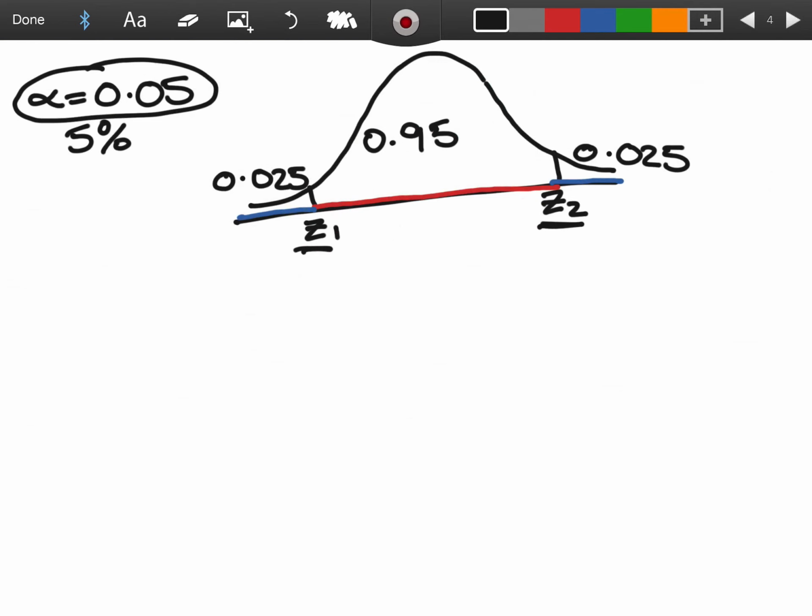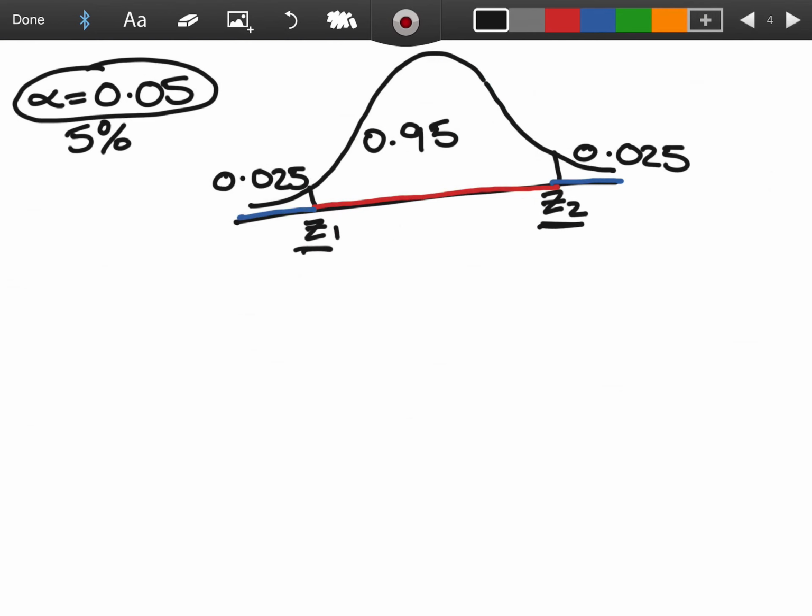Because 154 would just be too far away from 150 for us to stick to the fact that the mean is still 150. That means that we would have to change our opinion and say, okay, our sample mean was far enough away from what we thought our population mean was that we need to change our thinking, and we need to say that our mean is different, okay?